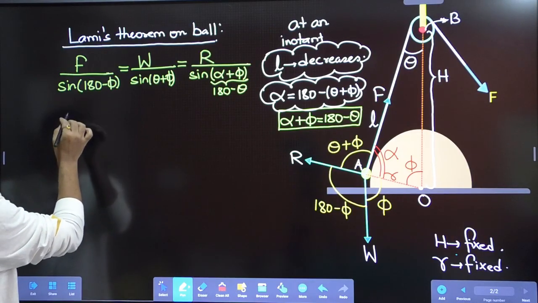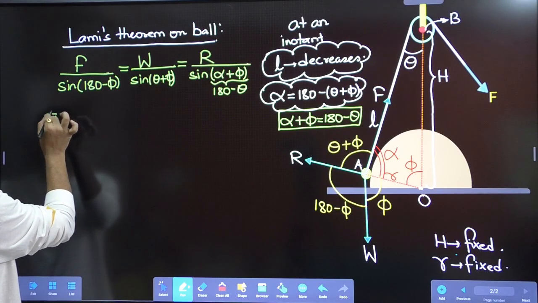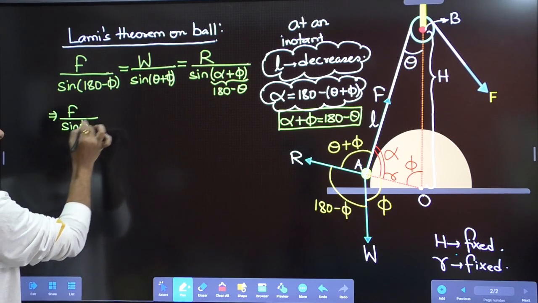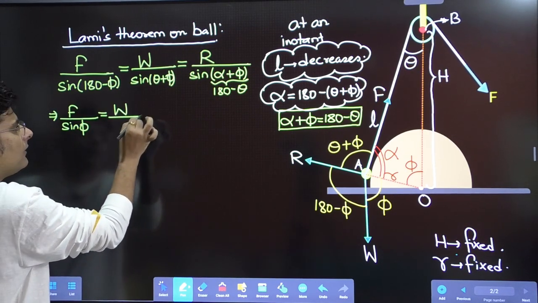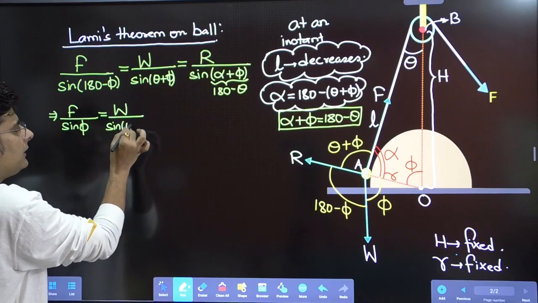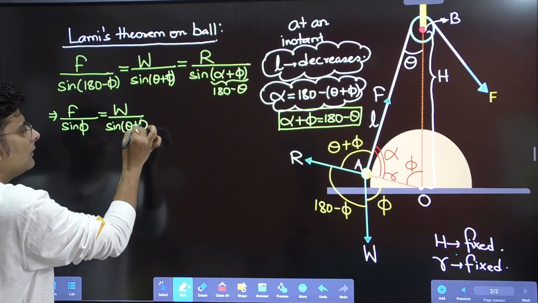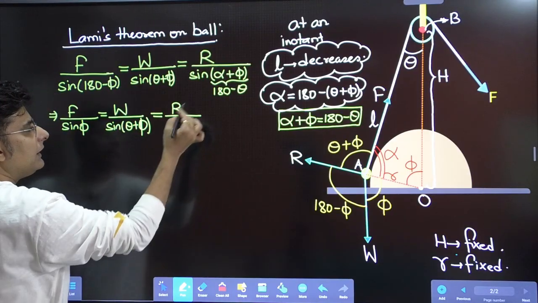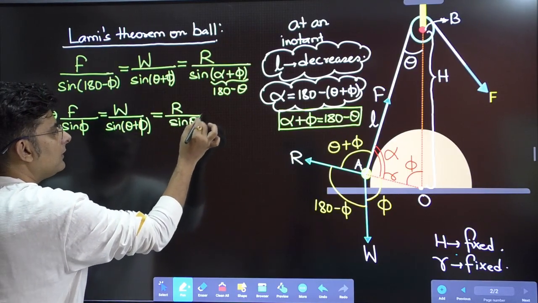So from here we can write F by sine phi will be W by sine theta plus phi, and R by sine 180 minus theta becomes sine theta.